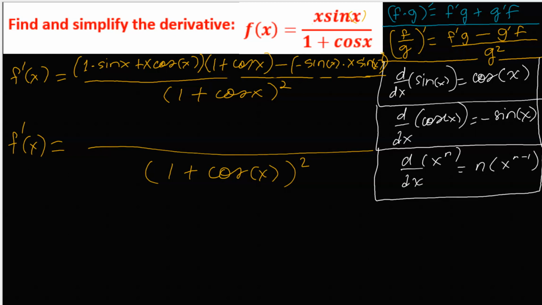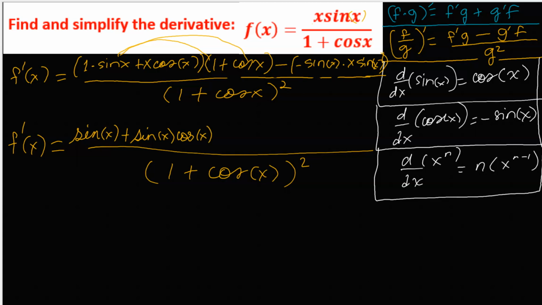So this would be sine of x multiplied by that, so that would be sine of x plus sine of x cosine of x.